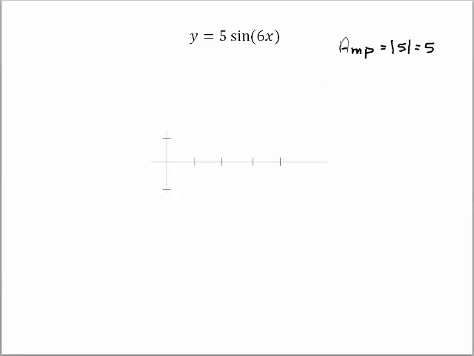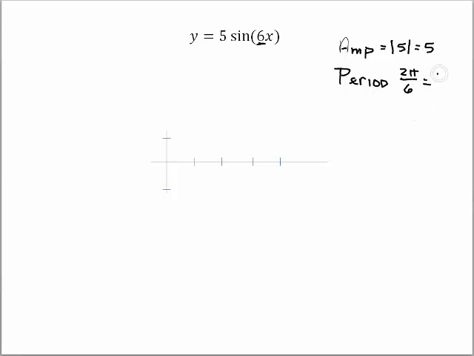Okay, now this time we've got a 6 here. Remember, we always want to find out how many waves in a full circle, or 2 pi. So we always use 2 pi, and this time we're going to divide it by that 6.